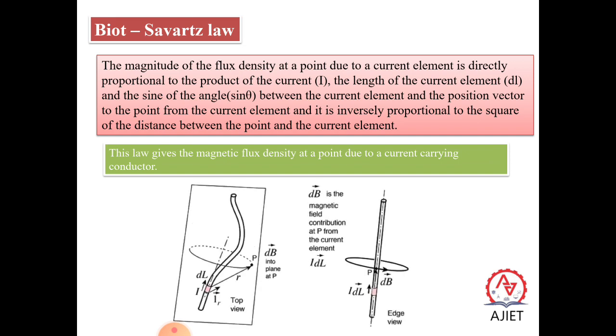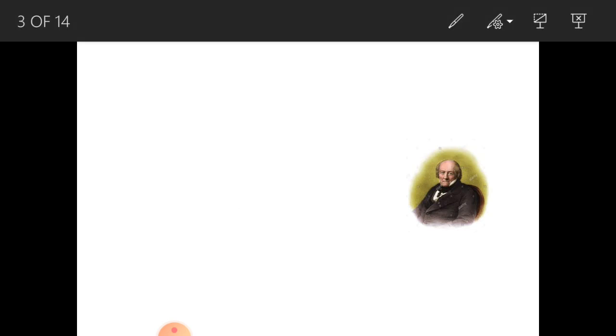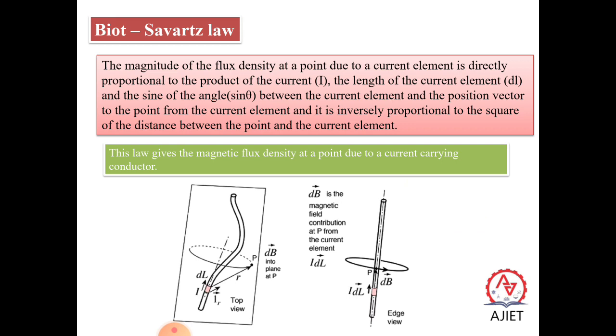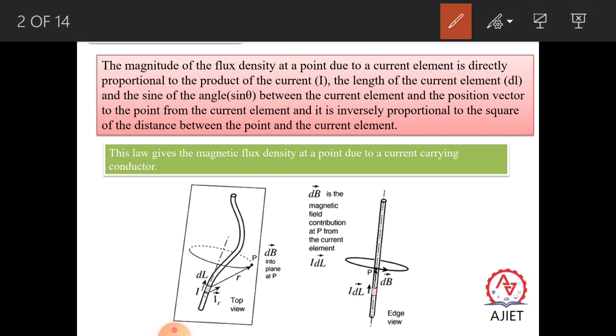So we can show this in terms of a diagram. The magnitude of the flux density, so here this is called the flux density, is related to the current carrying element I. There is a current carrying element, so I is the current which is passing through this straight conductor.